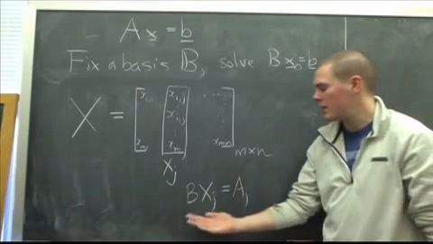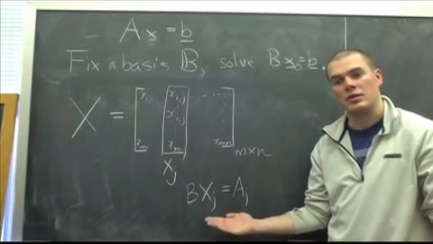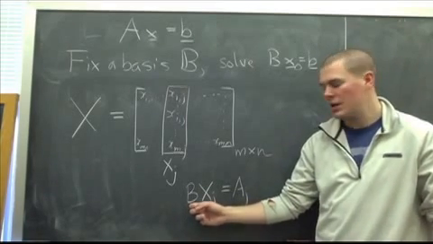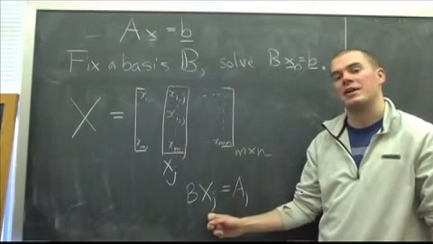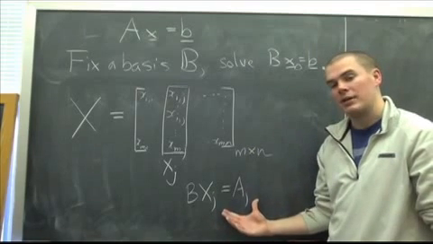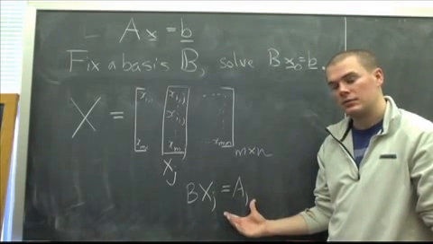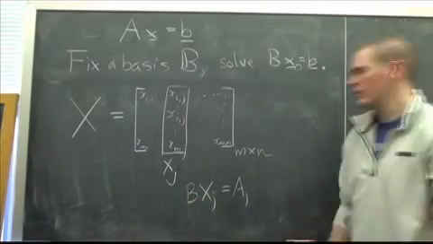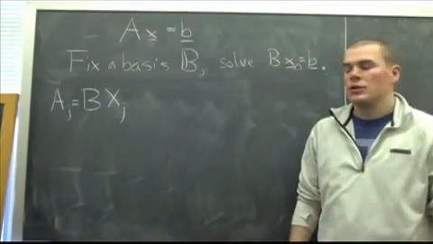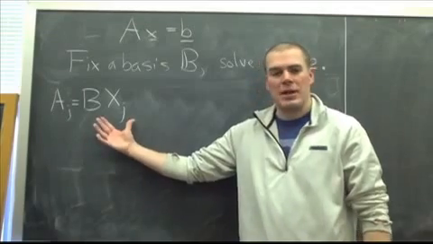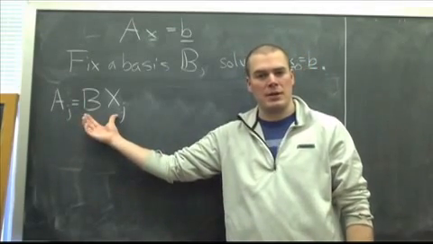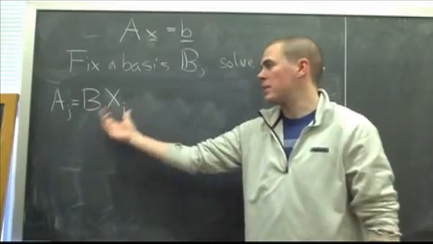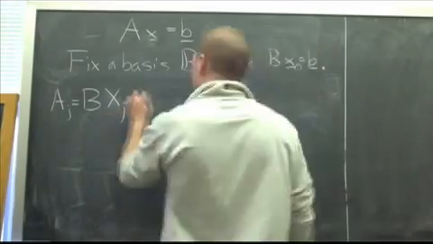Specifically, I want xj to be the solution to this linear system of equations. If I take the columns of my basis and I multiply them by the elements of xj, I want to get the vector aj. Such an xj exists because B is invertible. So we have xj is the representation of aj in terms of the basis B. This actually can be written down in a more careful way by expanding this in terms of xj.